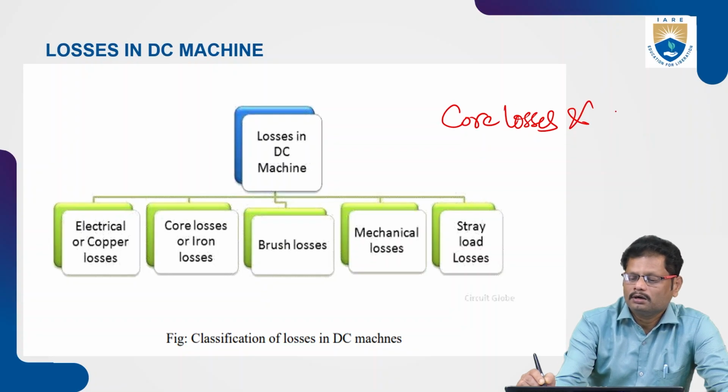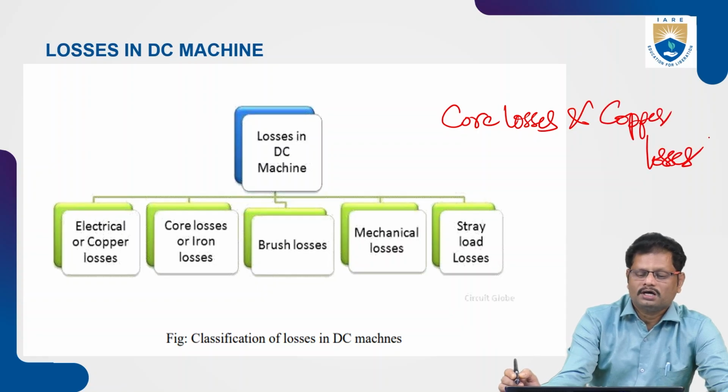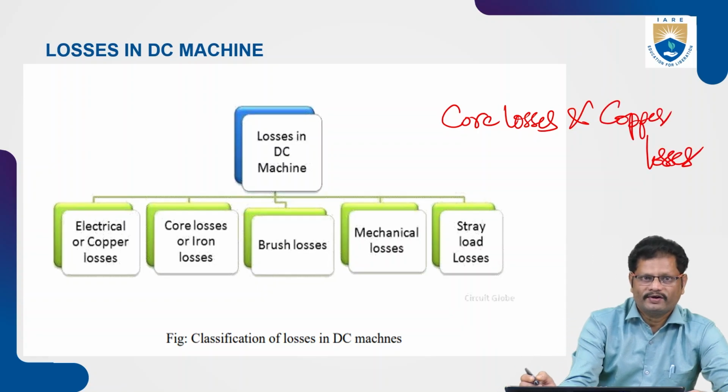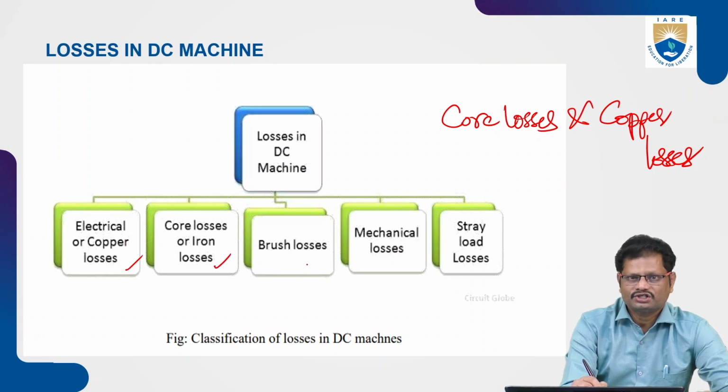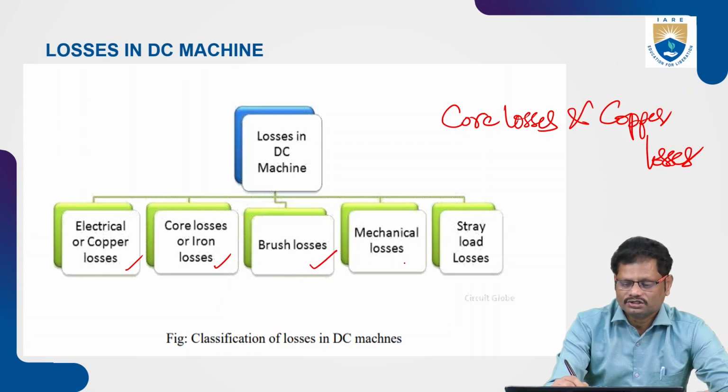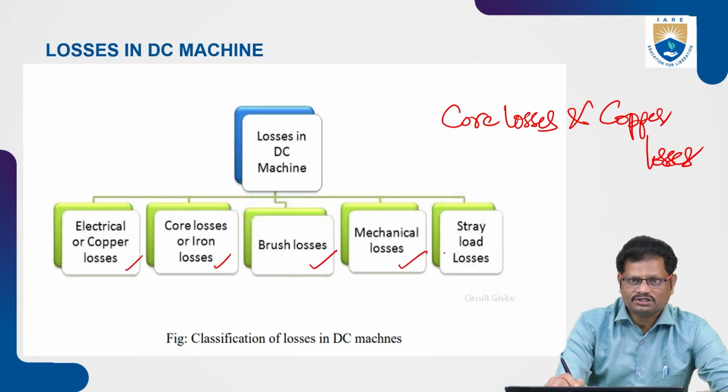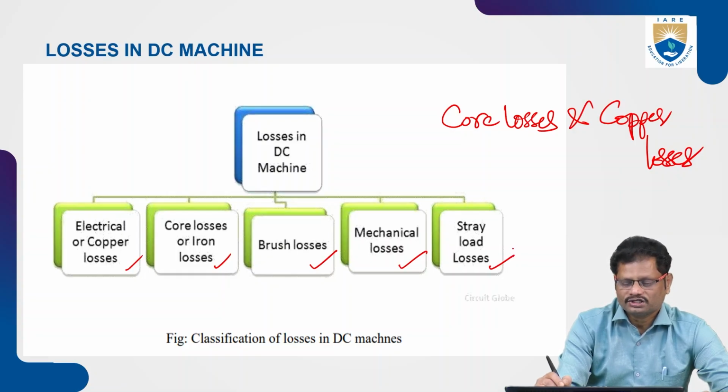Total losses in a DC machine can be classified as electrical or copper losses, and core or iron losses. Also having brushes, the brush contact drop should be there, so that loss is also called brush losses. And mechanical losses, the rotating parts, frictional and windage losses. The magnetic losses and mechanical losses are combinedly called stray load losses.